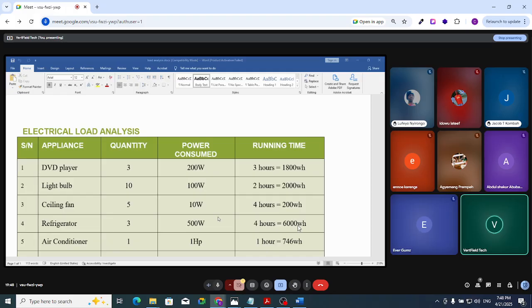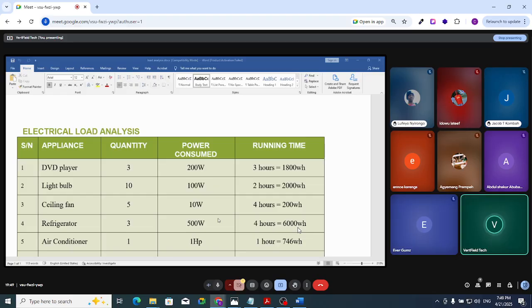So then, how do you get the power rating or the rating wattages? They are found on the nameplate of each and every appliance. This nameplate is where you find all the details concerning your very appliance.